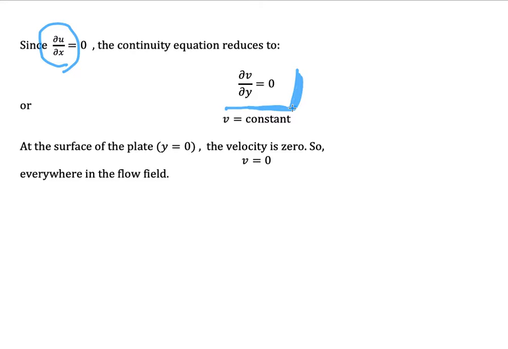And then again we could determine that actually the velocity v is 0. So this is just to prove that only the u component of the velocity occurs in this situation, in the real situation.